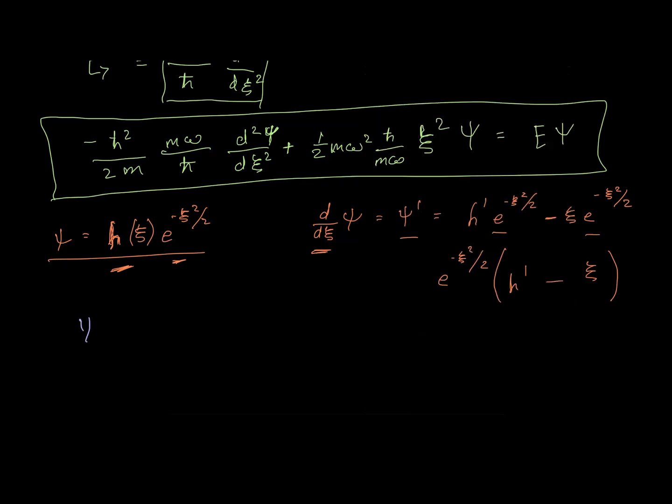Our psi double prime is going to be, and again, not chain rule, product rule: the derivative of the first, which we already know is e to the minus c squared over 2, times the second, which is h prime minus c.